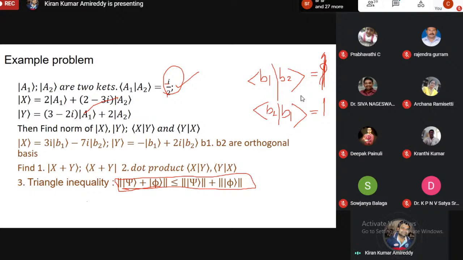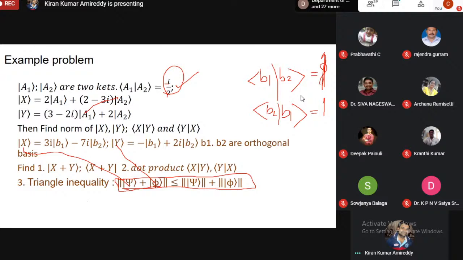I just copied this from the equation, but here the bases are b1 b2, but the values are x y. So instead of psi, the state can be represented as x. Phi, the state can be represented as y. So you need to take psi plus phi, that means x plus y. So you have already had here x plus y.